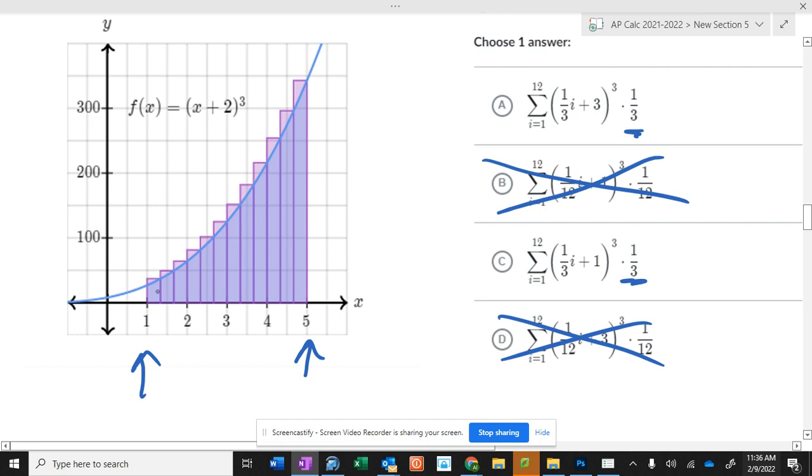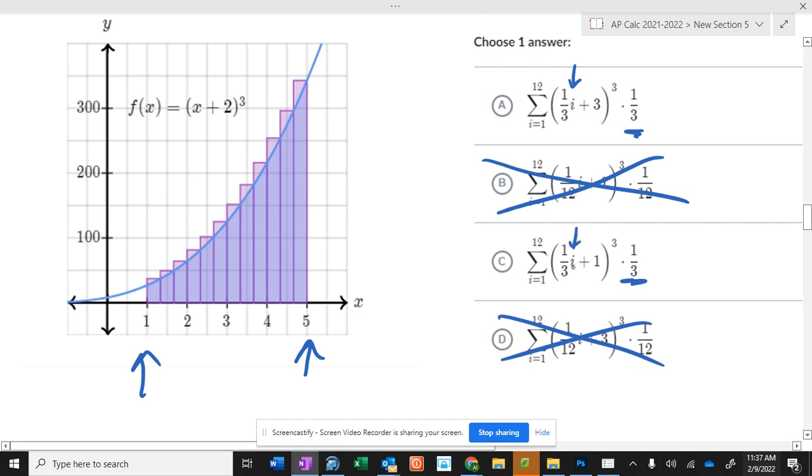So where is the first right Riemann sum at? Well, it's at 1 plus 1/3, right? If you stick in a 1 to this first one, you get 3 1/3 cubed. That's going to be a lot bigger number than this, right?